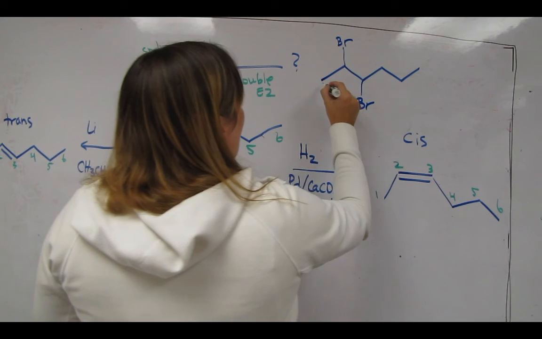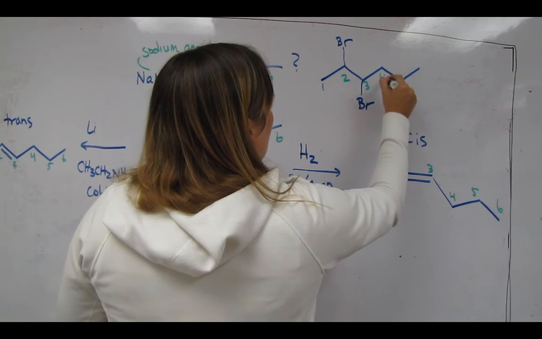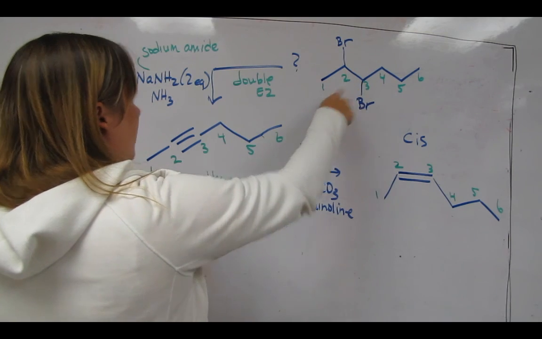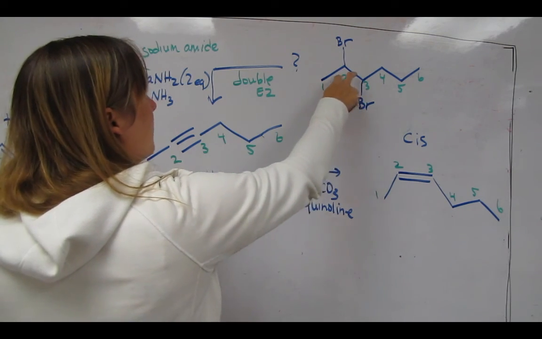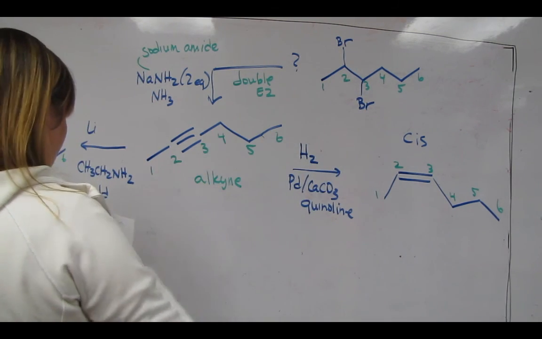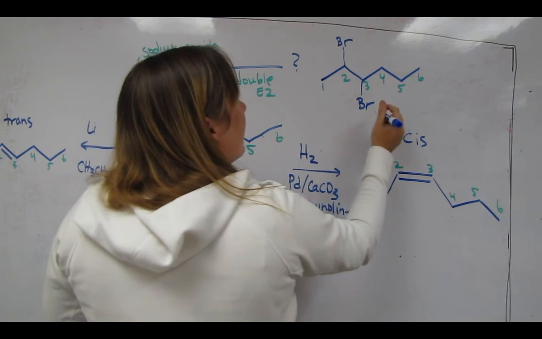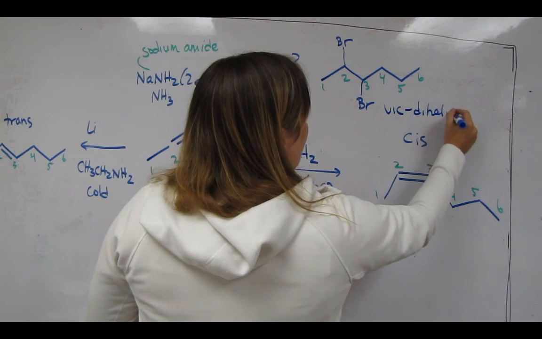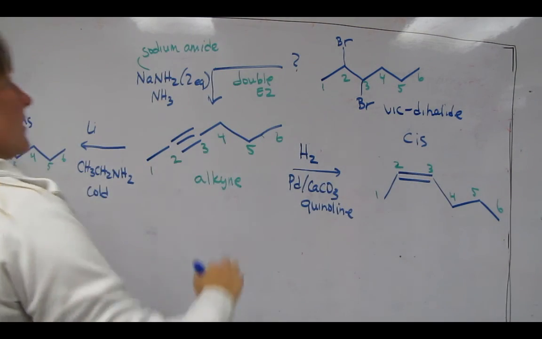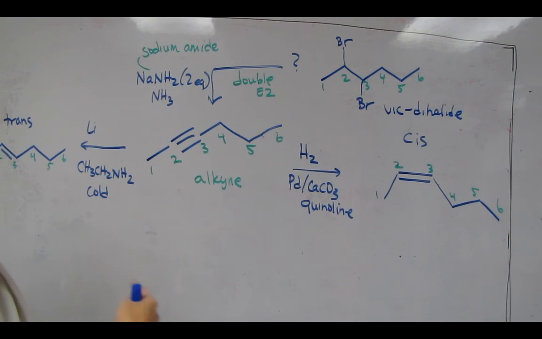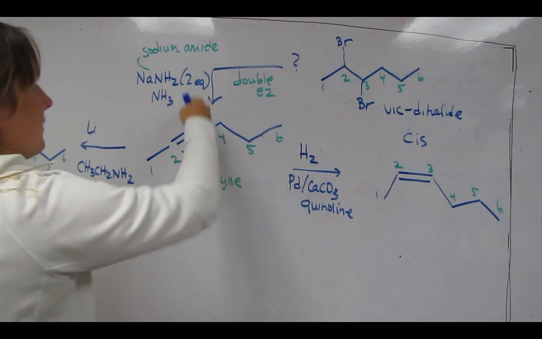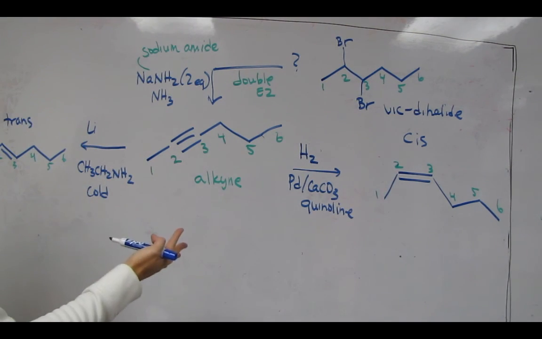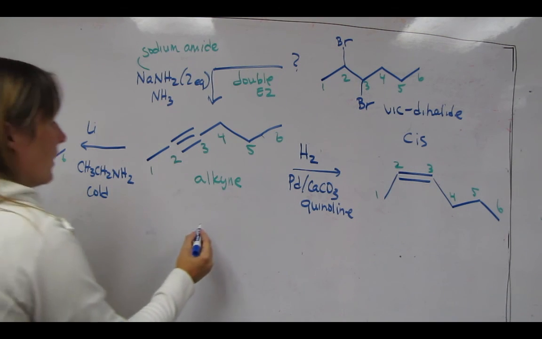And so if we number again, your halogens need to be at carbon 2 and 3 to get your alkyne between carbon 2 and 3, and this was called a vicinal dihalide. Okay. So this nicely summarizes the reactions we learned: how to form an alkyne, and then reactions of alkyne, and there's one more that's not part of this problem.